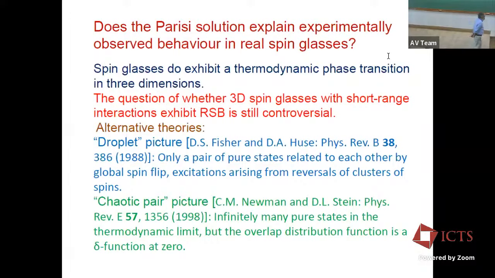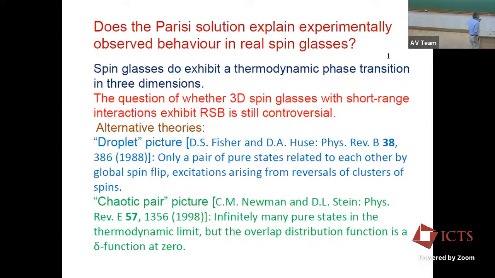Well, not quite simple, but simpler than what is predicted by this infinite range model, that there are only two pure states. Just like in a non-disordered Ising model, below the transition, there are only two pure states. One corresponds to all positive magnetization and one corresponds to negative magnetization. And this 2 is related to the symmetry of the problem.